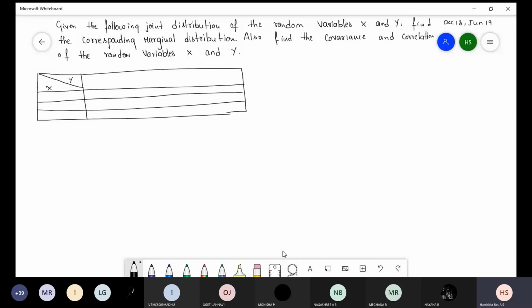X values are 2, 4, 6. Y values are 1, 3, 9.